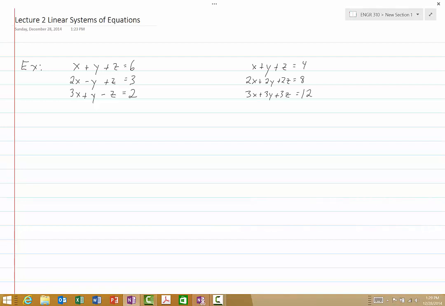Well, that's 3 equations and 3 unknowns, but you can't solve that for x, y, and z because those are not 3 independent equations and 3 unknowns.